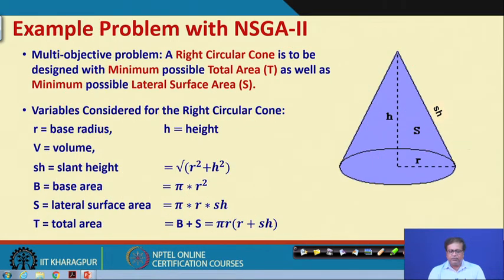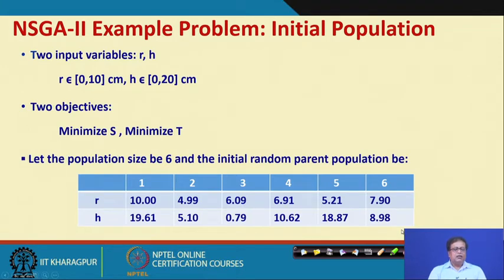Very simple problem really, but we have taken rather trivial kind of input values, that is r is between 0 and 10, h is between 0 and 20. You may think that if r equal to 0 and h equal to 0, that is the best possible solution.